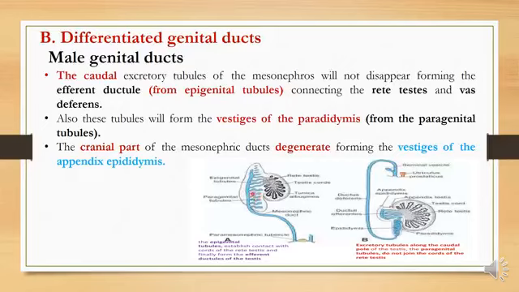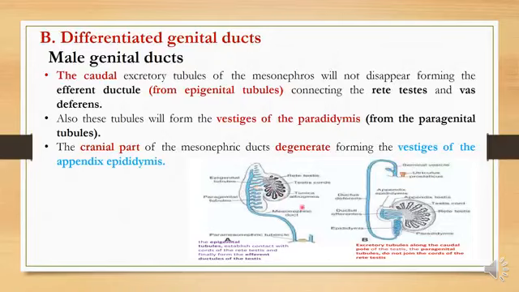Caudal excretory tubules of the mesonephros will not disappear, forming the efferent ductuli from the epigenital tubules.